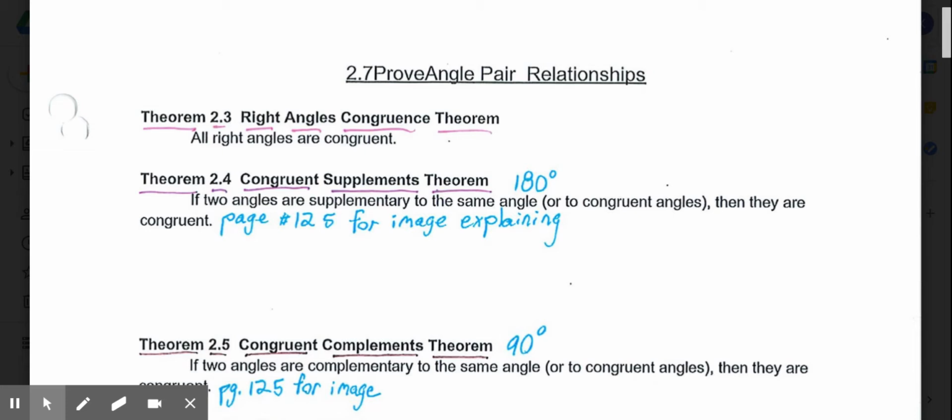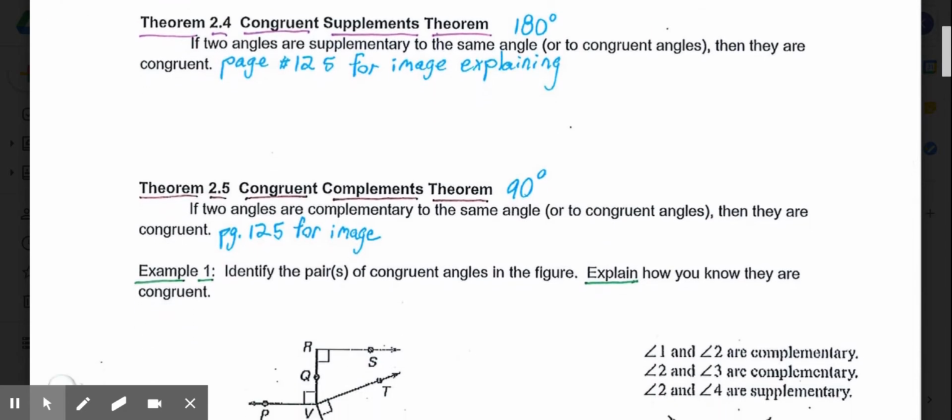If you want an image explanation of this theorem, you would look on page 125. Feel free to write that down or draw it out. But it simply states if two angles are supplementary to the same angle, then they are congruent.